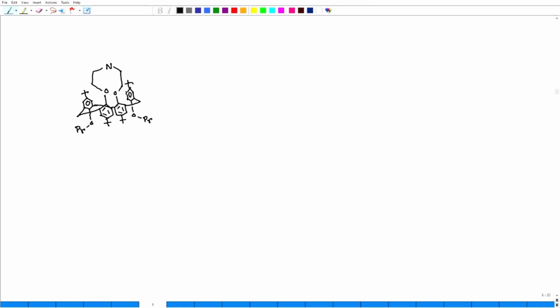And why will it become 1,2 alternate? Because we derivatized it not with this propyl oxo species. So, the t-butyl groups are flipped. So, 1,2 alternate, and we have a cavity here.